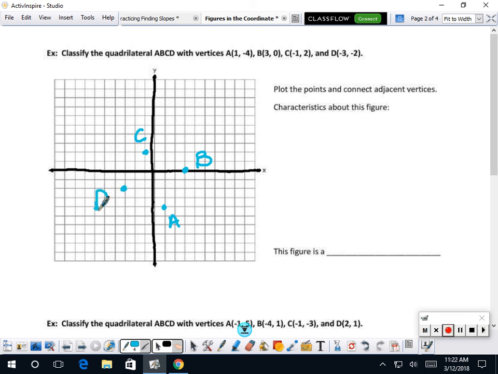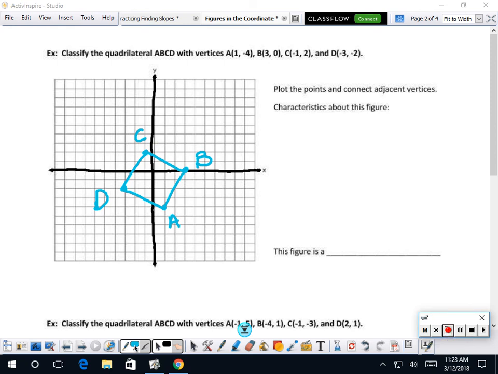And we're going to connect the dots to make a four-sided shape. Try to draw my line straighter. So now that we got the shape drawn, let's go ahead and count the slope for each of the sides.